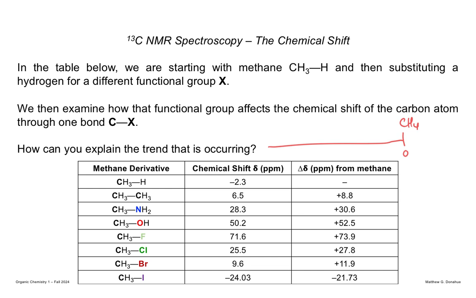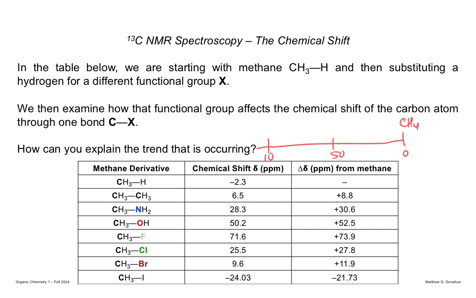The carbon occurs at about zero. If we take one of those H's and substitute that for a CH3 group, we've now made ethane. So I'll call this 10. So here's about 5.